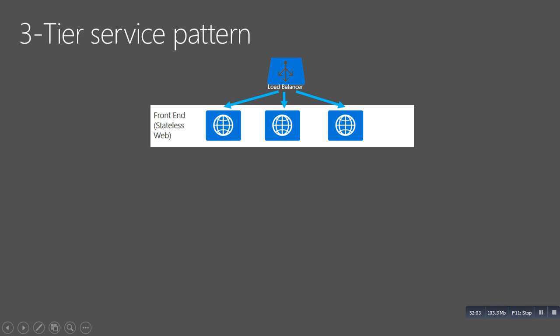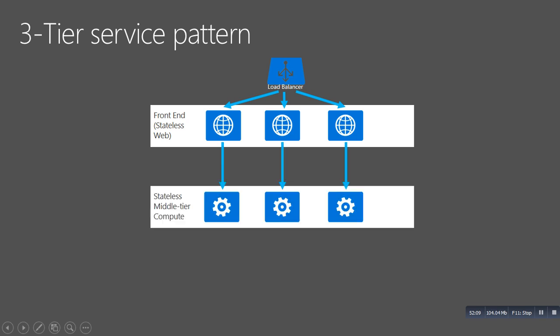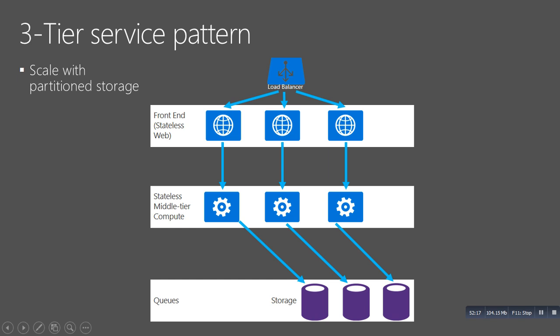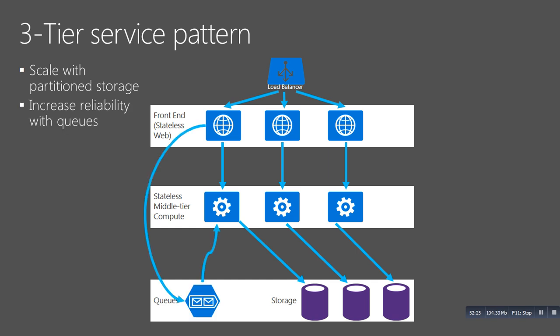So it can scale with partitioned stores and increase reliability for workflows if you want a reliable system. It will automatically reduce read latency with caches. They can introduce a cache and it will reduce the read latency.